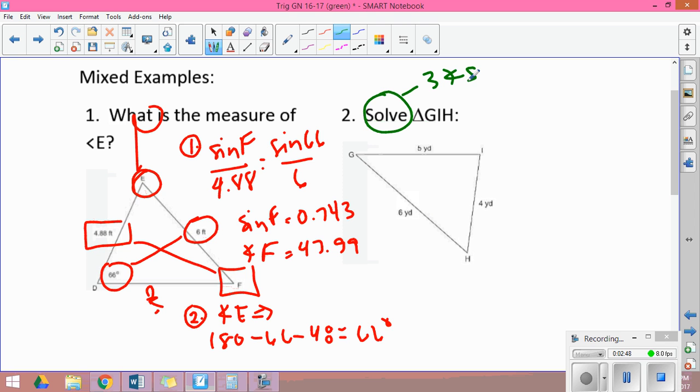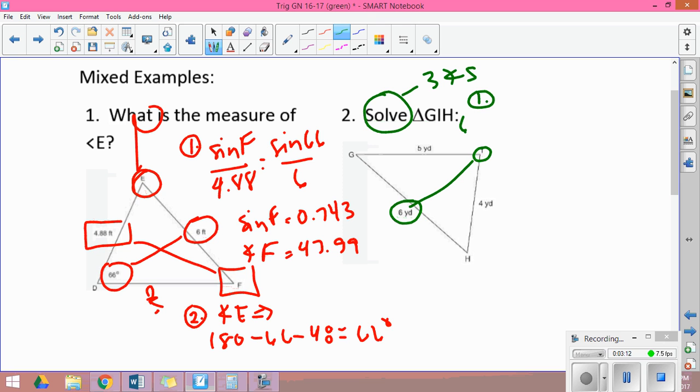So when you're doing these problems, you're definitely going to want to give yourself enough space to work them all out. So first, and it doesn't matter where you start, you will get the same answers no matter where you start. So I am just going to start with I and angle 6 or side 6 for no reason other than that's just where I'm starting. So this is our law of cosines first.